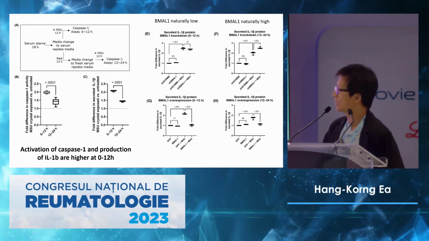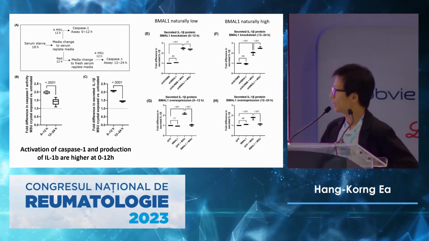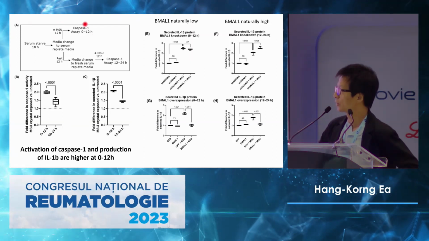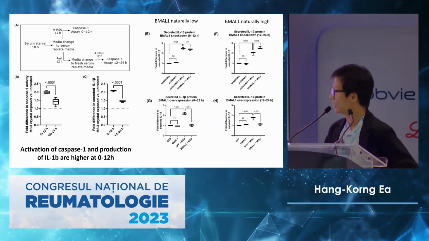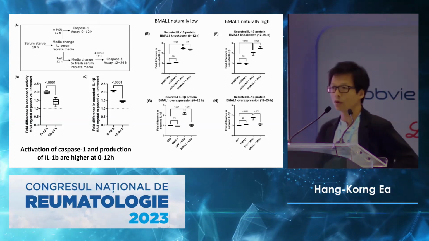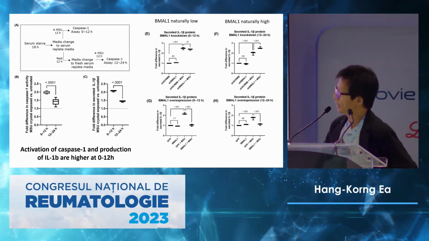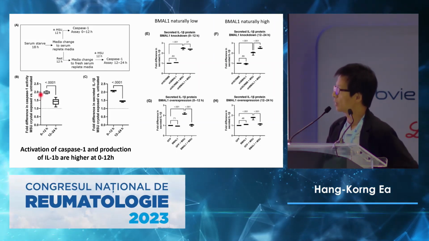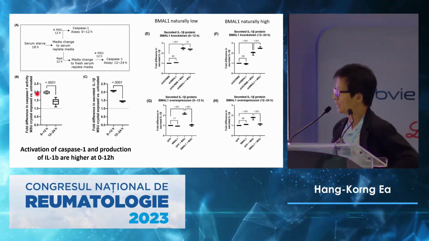And then we mimic the day and night rhythm by stimulating with the crystals during the first 12 hours, and then assess the production of inflammatory cytokines between 12 and 24 hours later. So what we observe is that the action of the crystal in terms of the caspase-1 activation or the IL-1 production is completely different.